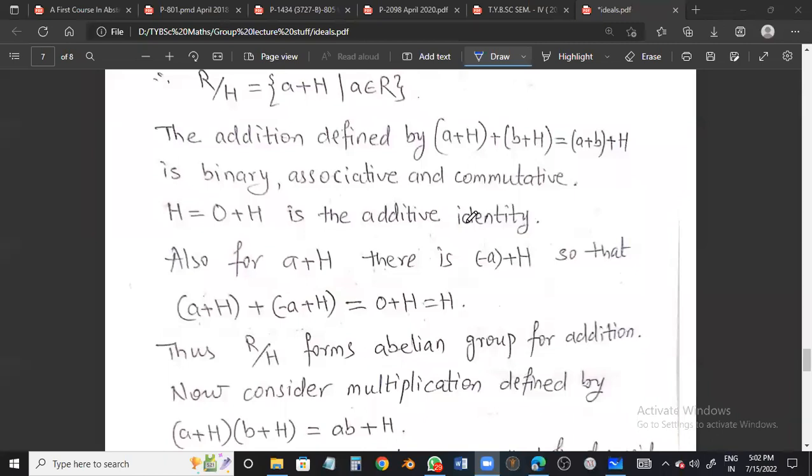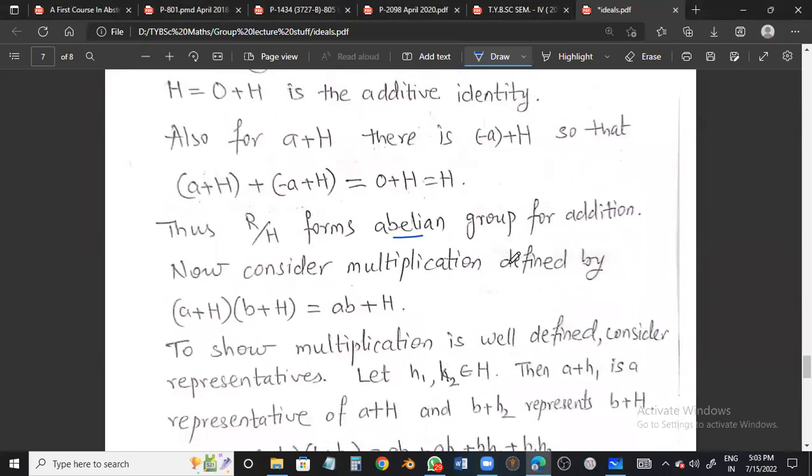Because A and minus A vanish, it becomes 0 plus H, so I'm getting back my identity. Okay, so all the properties got satisfied. Binariness is there, associativity is there, identity is there, inverse is there, and lastly commutativity is also satisfied in addition. So it becomes an abelian group.